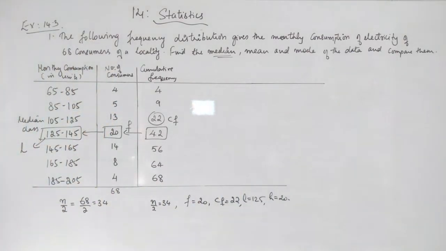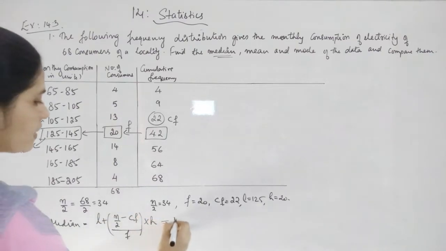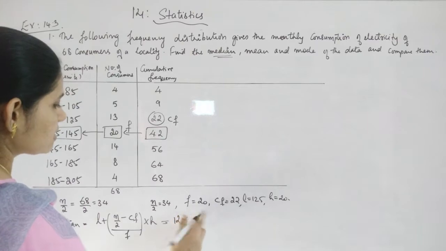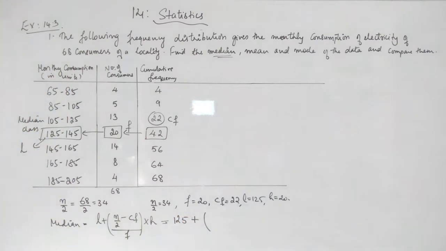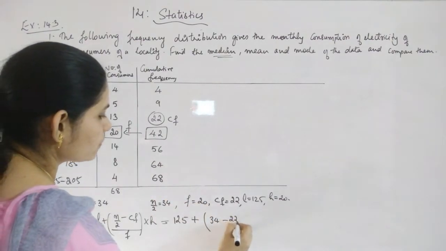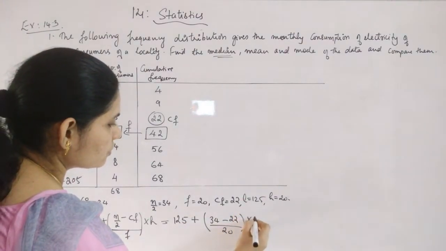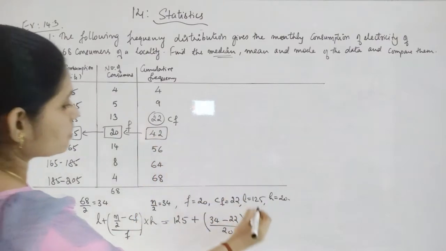Now replacing in the formula, what will you get? What is the formula to find the median? Median is equal to L plus (n by 2 minus CF) divided by F, whole into H. L is 125 plus, in brackets, n by 2 which is 34, minus CF which is 22, divided by F which is 20, into H which is also 20.